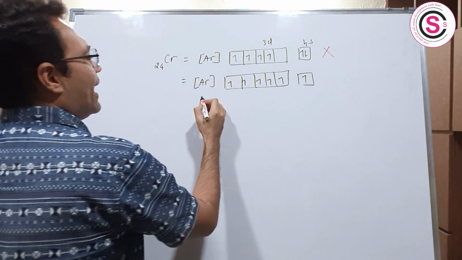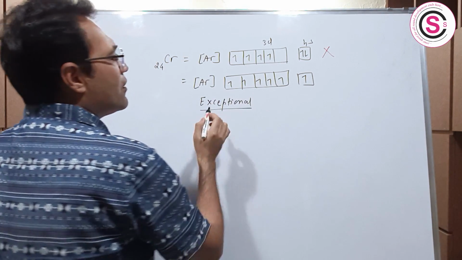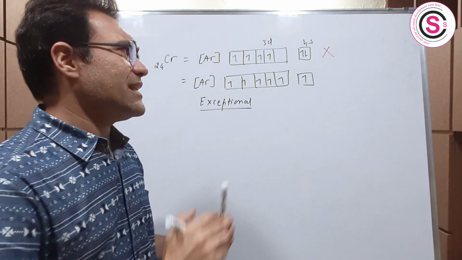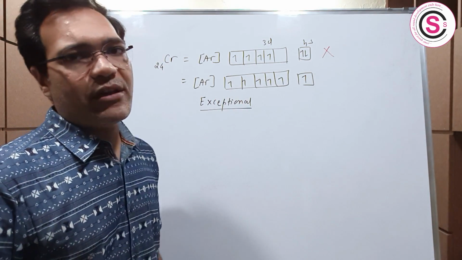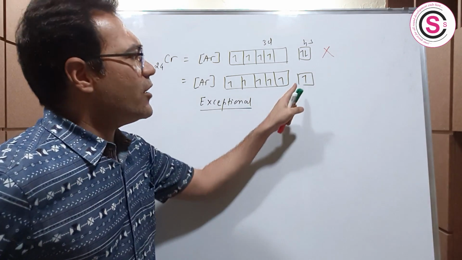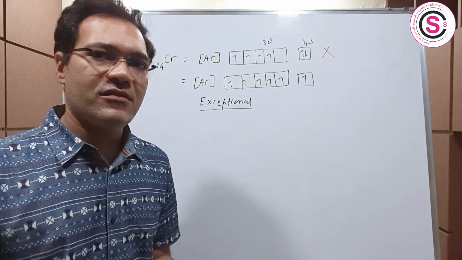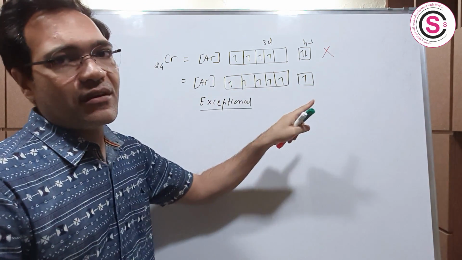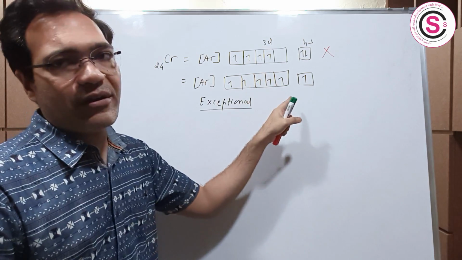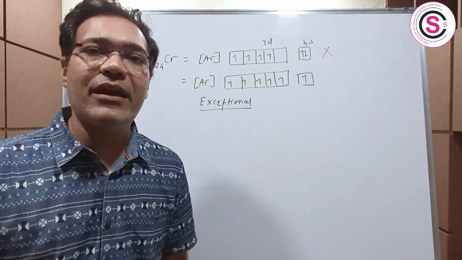This is an exceptional electronic configuration. Why is it exceptional? Because it is an exception to the Aufbau rule, which states that lower energy orbitals should be filled first. Here, if you see, the lower energy 4s orbital is not being filled first. Only 1 electron enters 4s and then, one after another, the 5 electrons enter the 3d orbitals according to Hund's rule.